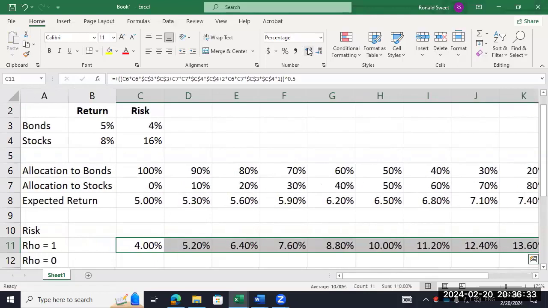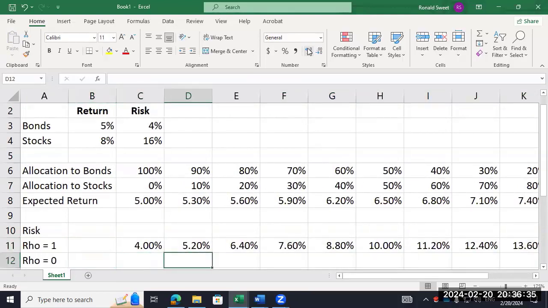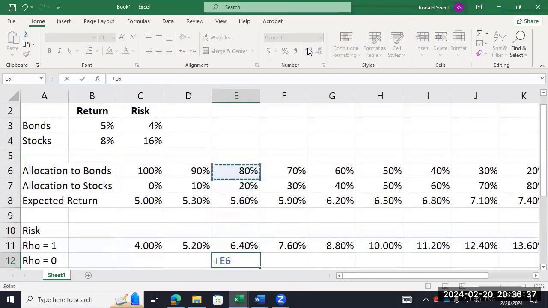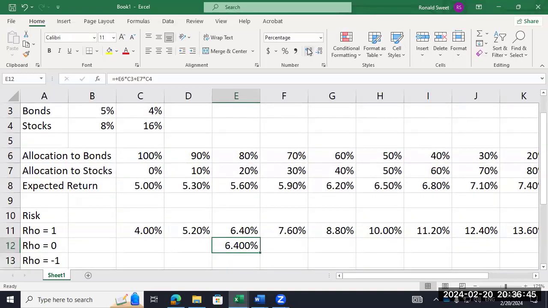Well, in between, if your correlation is 1, then your risk is nothing more than 80% times 4% plus 20% times 16%. Right? It's the same answer. So if your correlation is 1, the risk of your portfolio is just the weighted averages of the risk, just like return. Is that going to be true if correlation is 0? It's kind of not going to be.